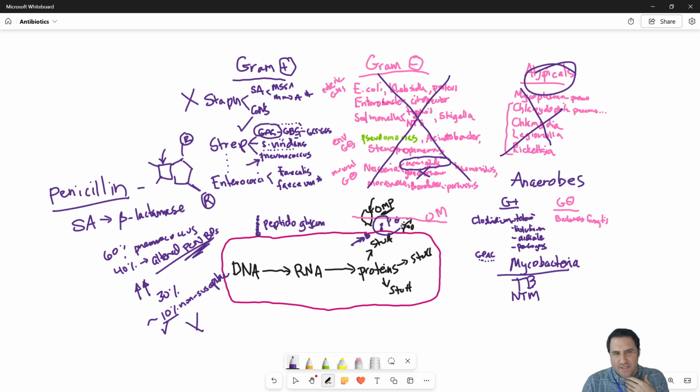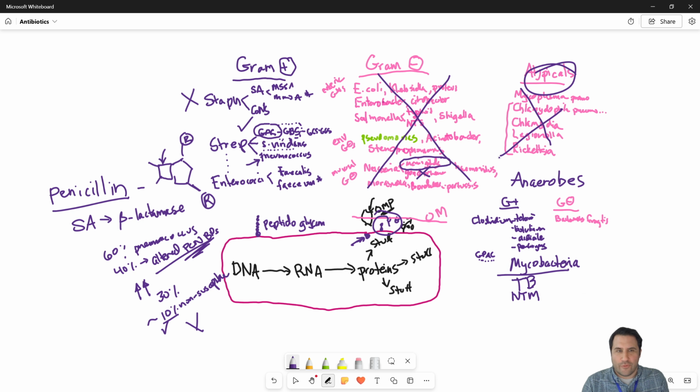What makes atypicals atypical is that they do not have a peptidoglycan cell wall, or they behave in a way where even if they have a peptidoglycan cell wall, blocking the cross-linking enzymes does not seem to affect their reproduction. Similarly, for instance, chlamydia or Legionella. And mycoplasma simply doesn't even have it, so how would you inhibit something that doesn't exist?